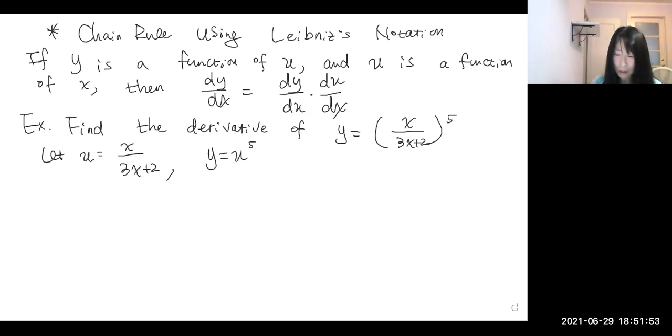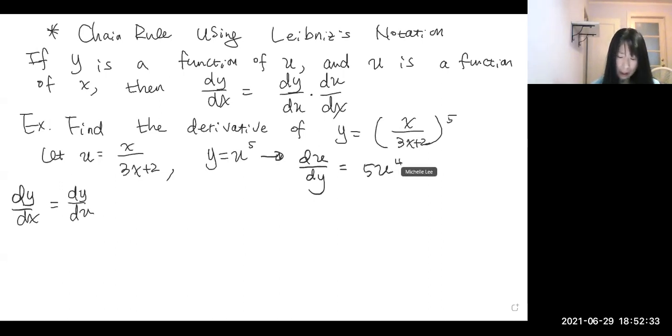Then we have dy over du, which means we take the derivative with respect to u. So what do you get? The power rule, so 5u to the fourth power.